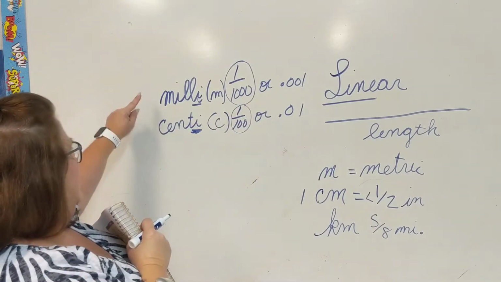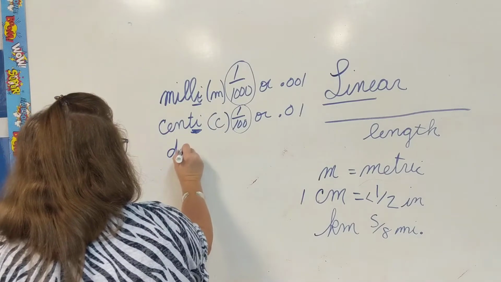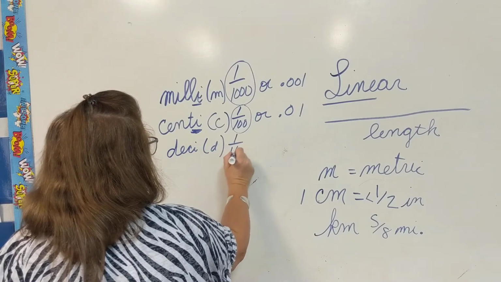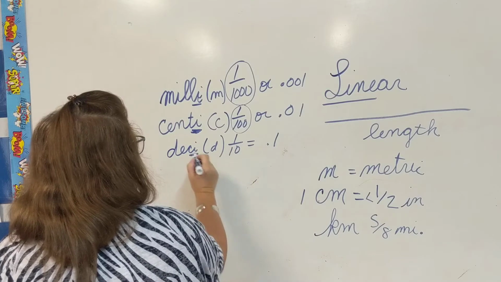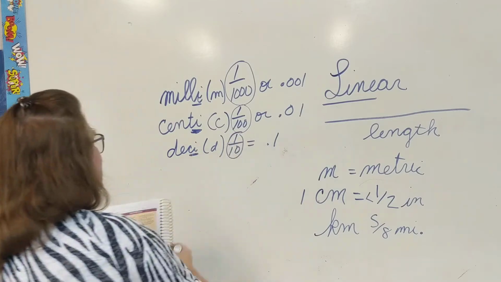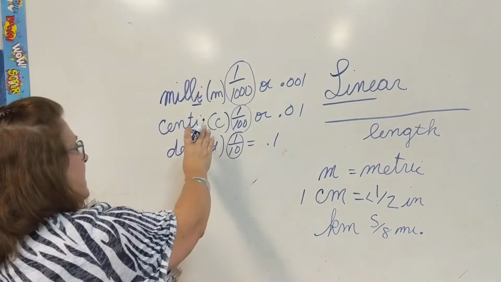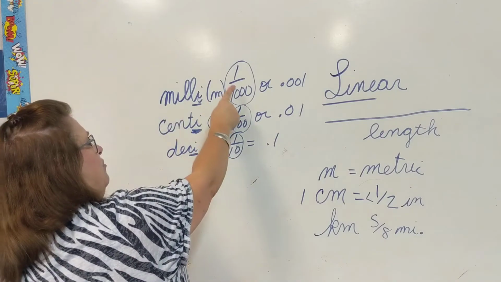Whenever our prefix, milli, centi, we have another one, deci. Deci is 1/10, or 0.1. Notice our I in the prefix. Notice our fraction. Whenever our prefix has an I in it, it's going to be a fraction. We know that a millennium is 1,000 years.